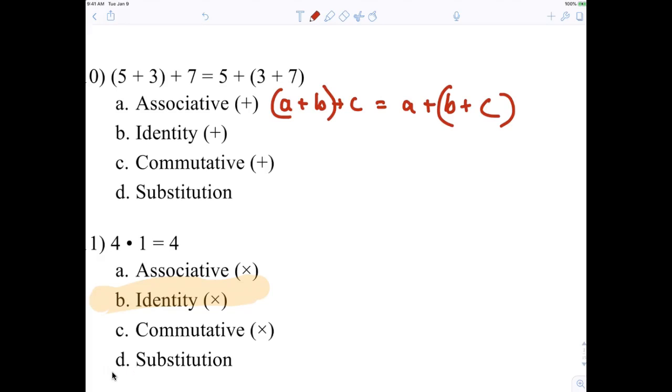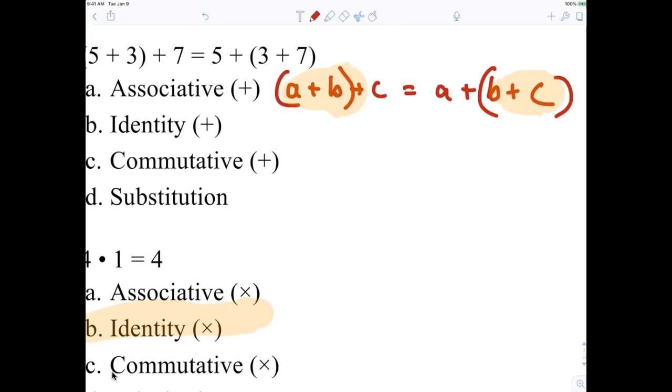It's how you're grouped. The order doesn't really matter. You can add A plus B first, or you can add B plus C first. Associative is when you always get the same answer. Then we're going to talk about the identity.